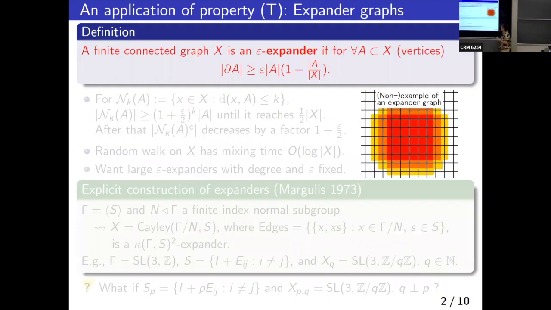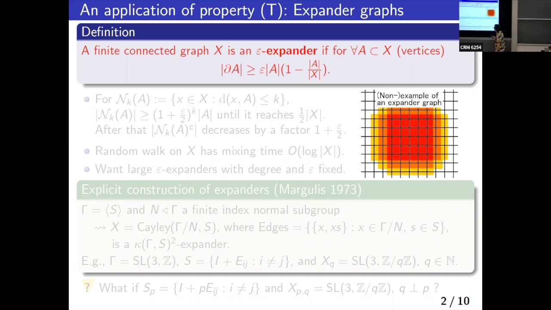There are a lot of applications of property T to measured group theory, like cost, and also to geometry, like expanders. Today I talk about expander graphs. An expander graph is a finite connected graph; I usually assume it's d-regular, simple, connected.